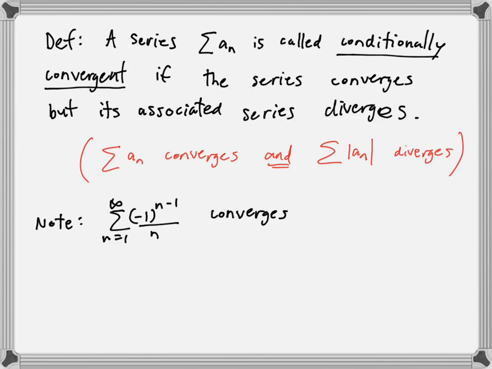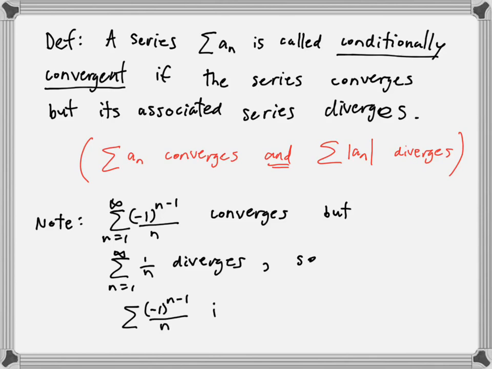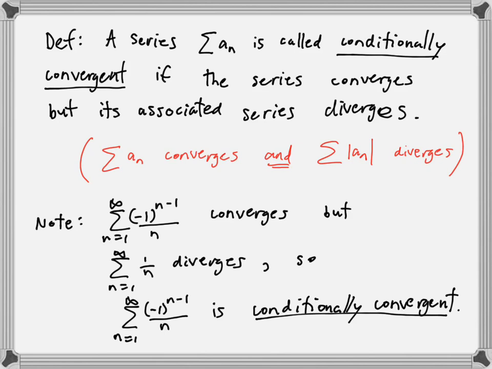So this guy converges, but its absolute value diverges. Again, this is the harmonic series. So this series is conditionally convergent. Okay. So just to show you guys that these definitions are not for nothing, we have already seen a case where this happens. Okay.